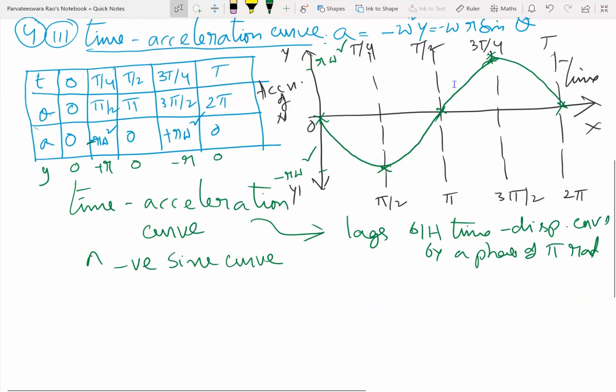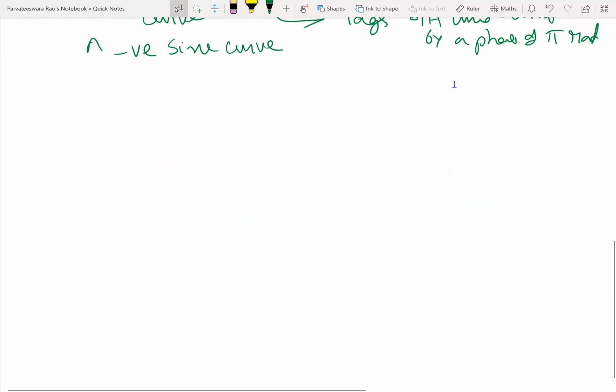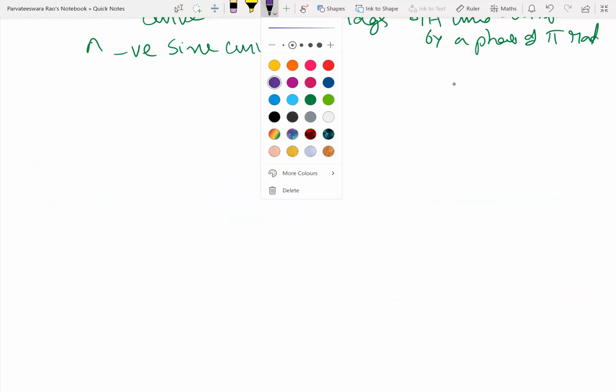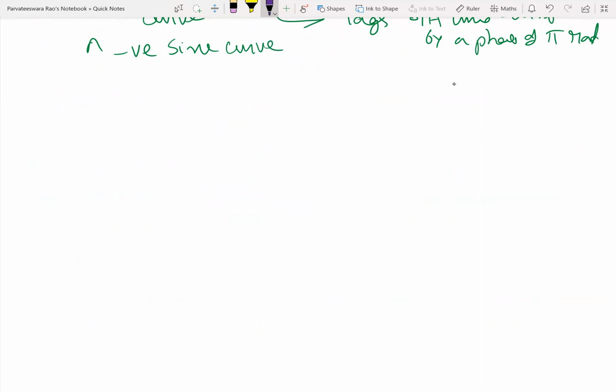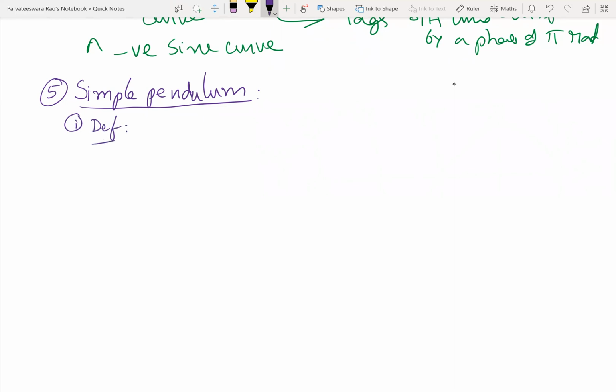Next one is the simple pendulum. You write the definition.